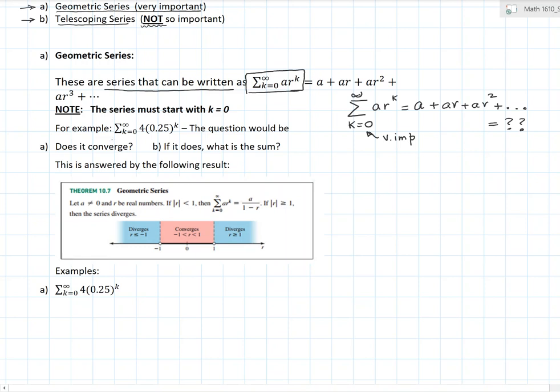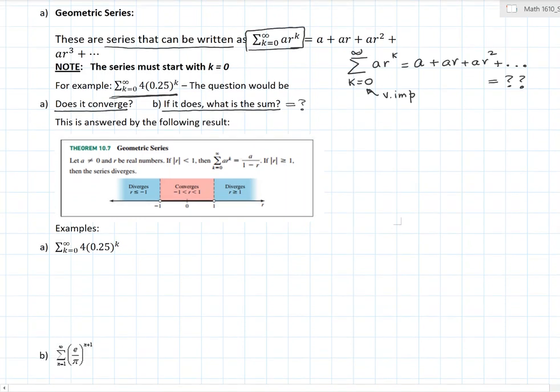So you add these up and we want to know what happens to it. For example, you could have a very simple geometric series of this kind. Obviously we want to know: does it converge, and if it does converge, then what is the sum? And this can be answered as given in this result.